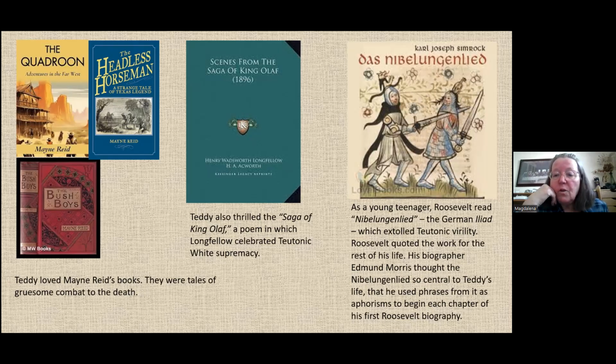And he read the Nibelungenlied, the German Iliad, which praised Teutonic virility. Roosevelt quoted the work for the rest of his life. His biographer, Edmund Morris, thought the Nibelungenlied so central to Teddy's life that he used phrases from it as aphorisms to begin each chapter of his first Roosevelt biography. So this is what stamped Teddy's mind as a young child.